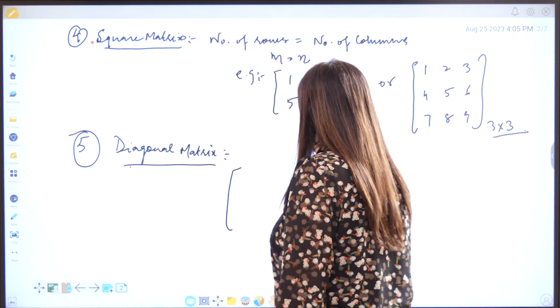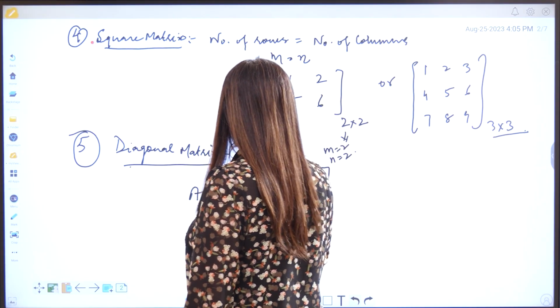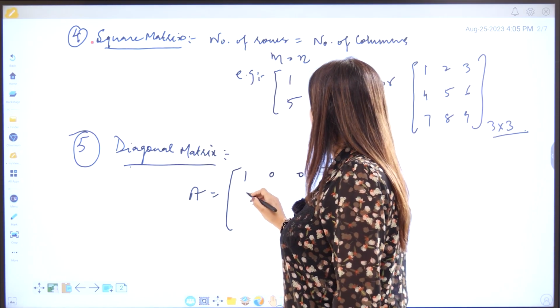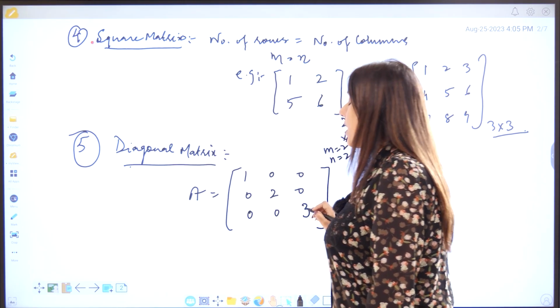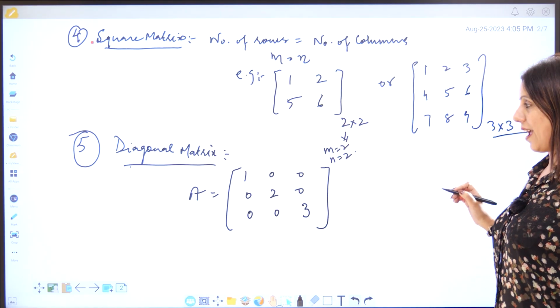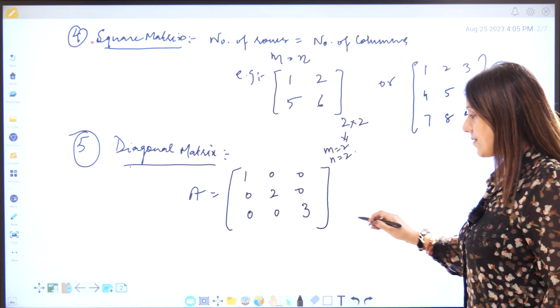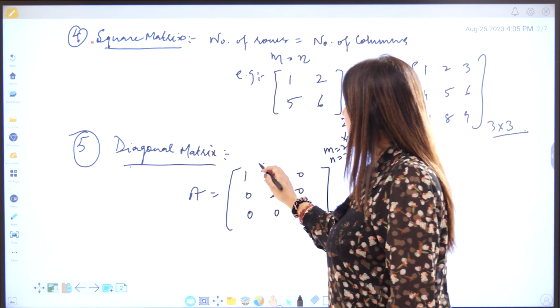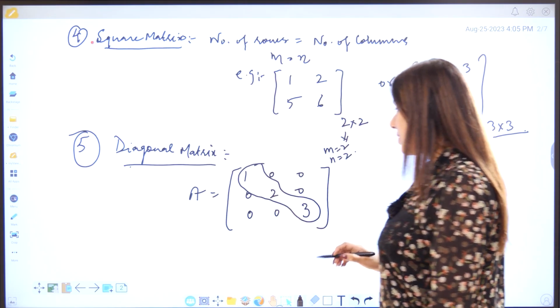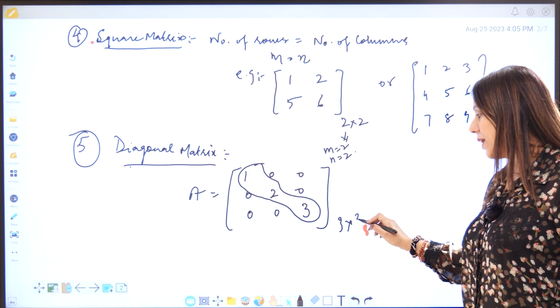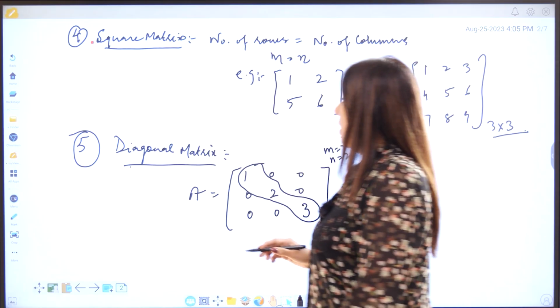That is, A = [1 0 0; 0 2 0; 0 0 3]. In other words, we can also say that only diagonal elements exist, and the rest of the elements are all 0, right? I can also say that this is a 3 × 3 matrix, right?